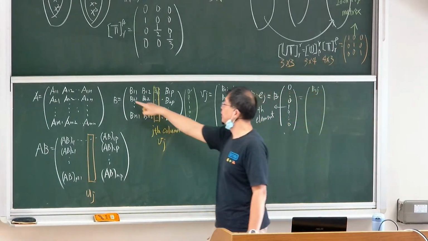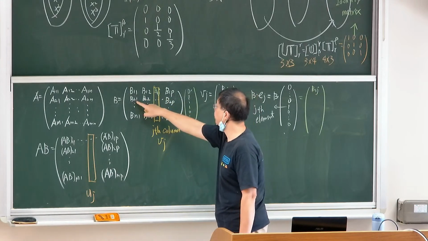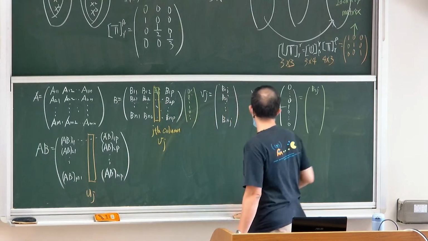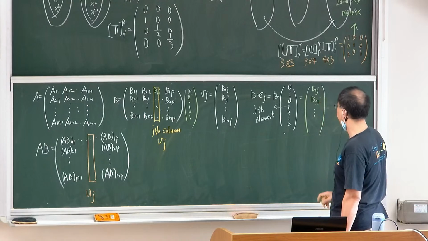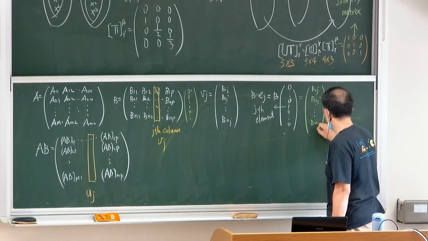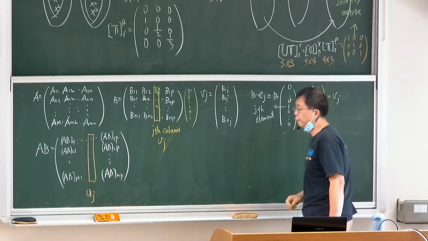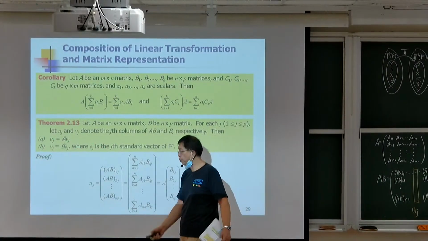And the second row, B21 times 0, B22 times 0, and B2j times 1, so I have B2j. Just following the multiplication procedure, I can have Bnj. So we can easily get this equals Vj. This one is quite straightforward for B.